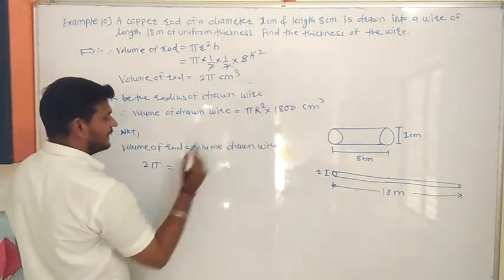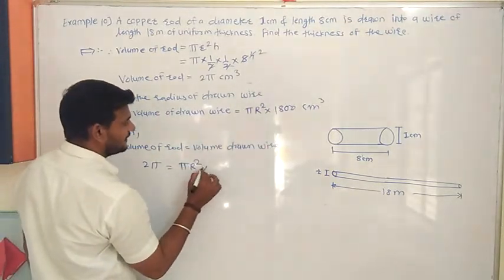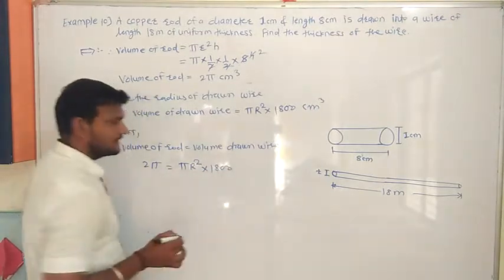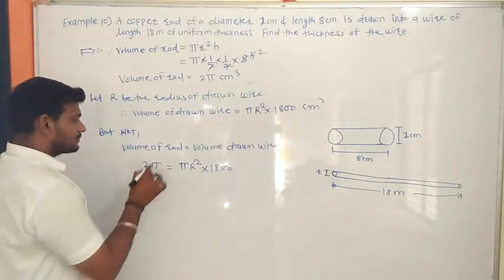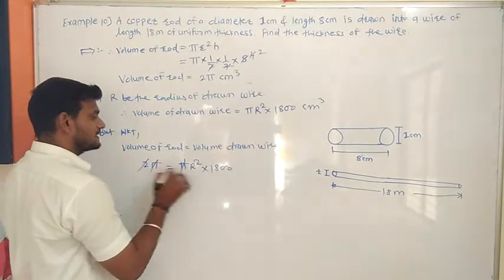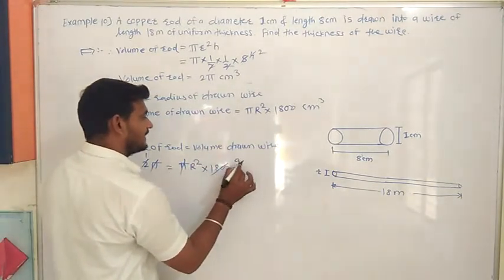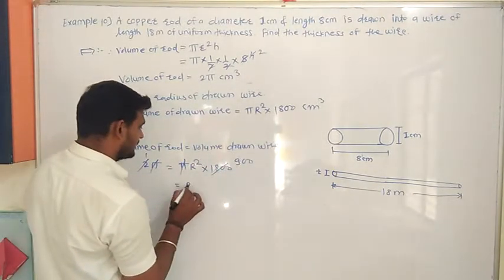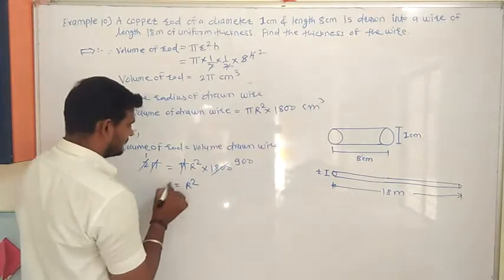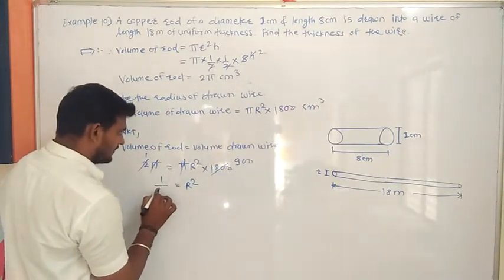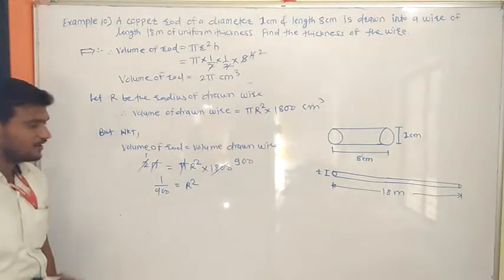What is the volume of drawn wire? That is pi into capital R square into 1800. Now pi gets cancelled. 2 1s are 2, 2 9s are 18, 00. We got R square is equal to 1 by 900.